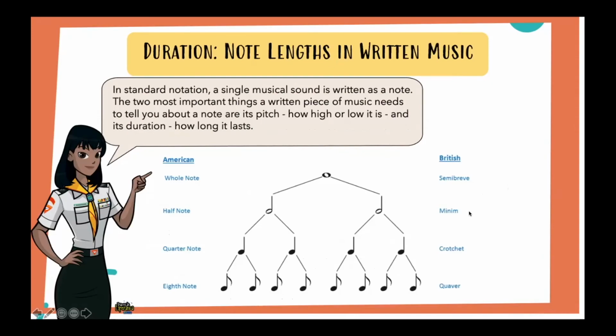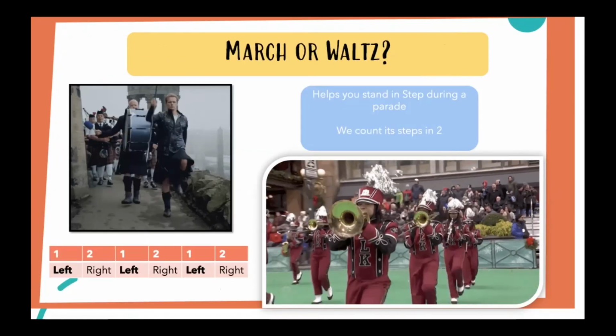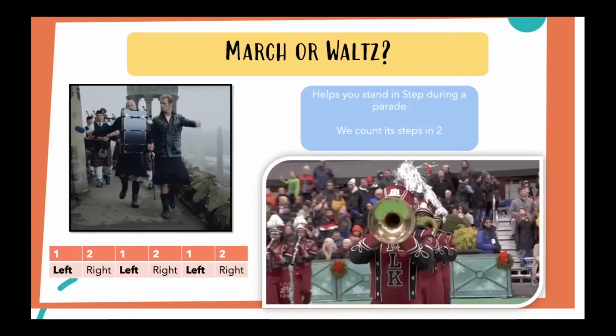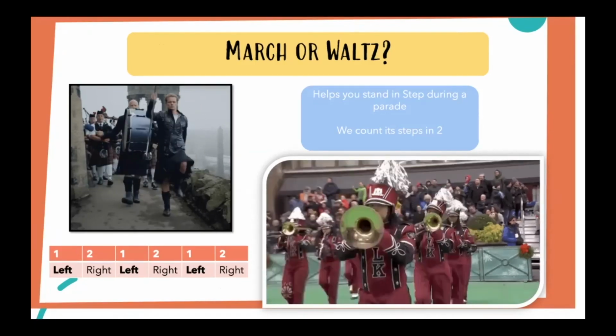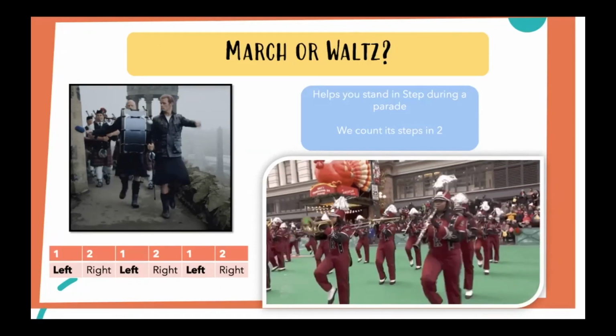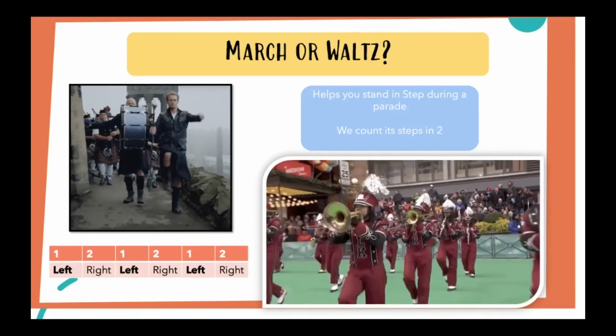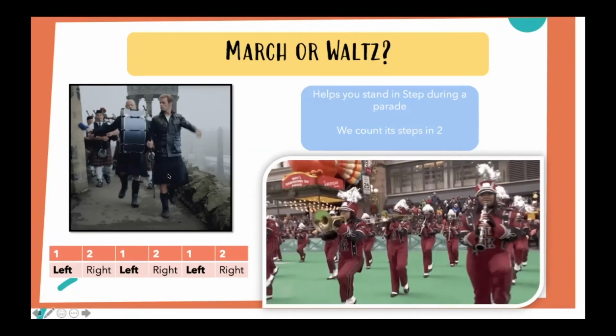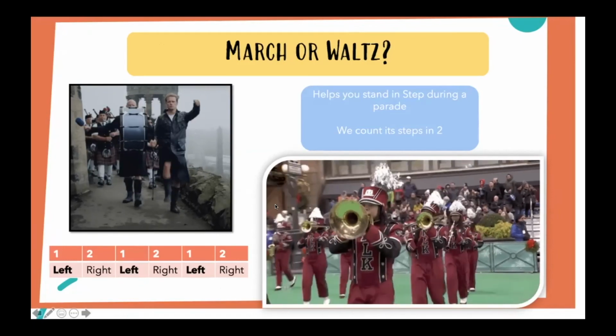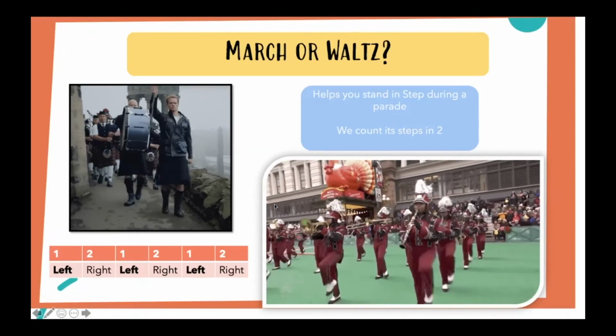Cool. Okay, let's move on. Now, we are talking about rhythm. What is the difference between a march and a waltz? Here we have a march, right? So this is an example of a march. You can see that they are marching. It's like left, right, left, right.